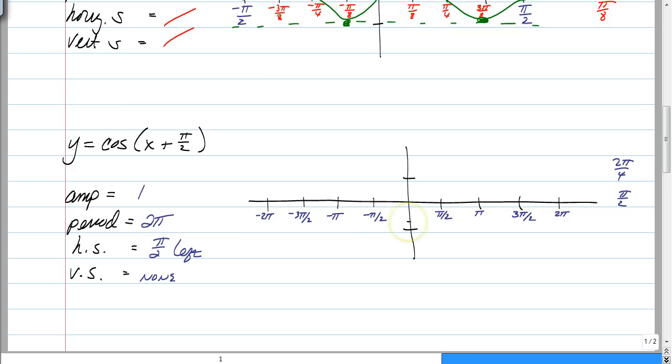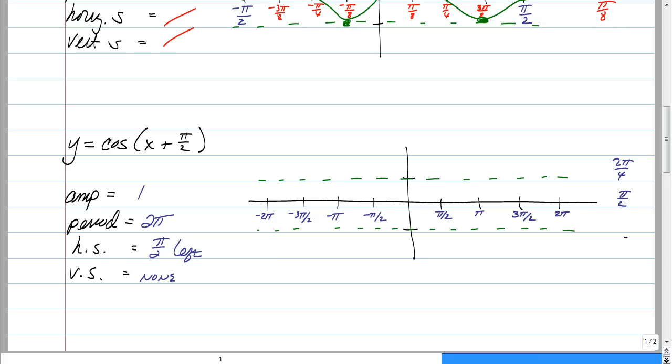And then you have your top and bottom lines, if you enjoy drawing those to help you with your graph. So there's your top, there's your bottom, both an amplitude of 1 unit away from the node. You have your vertical shift, which is not there, and then you also have your horizontal shift.